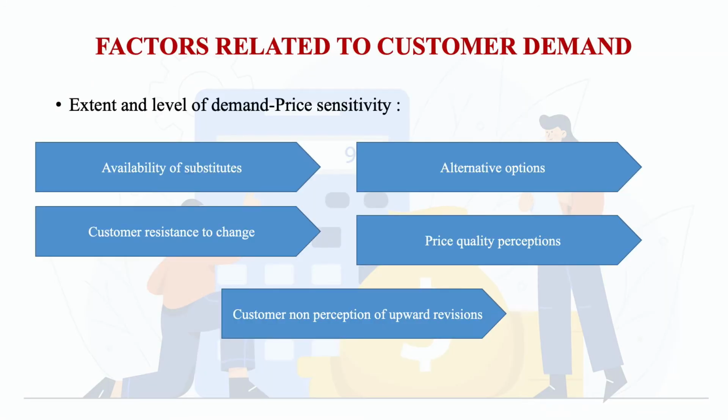Sometimes you may find that if you raise the price in small steps, consumers do not perceive this upward price revision, and therefore marketers sometimes keep a certain base price and then raise it in very, very small steps, below the level of perception of an average customer who does not realize that the price has been raised and keeps on buying.